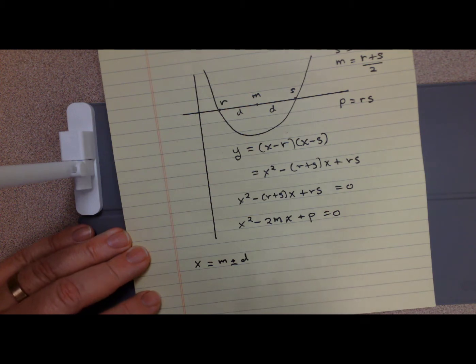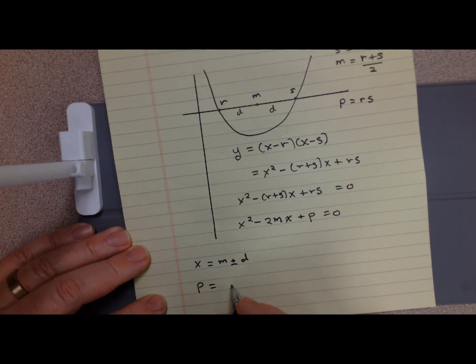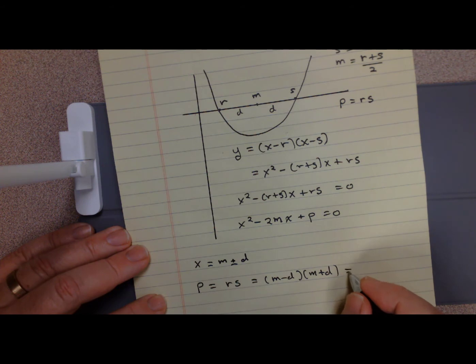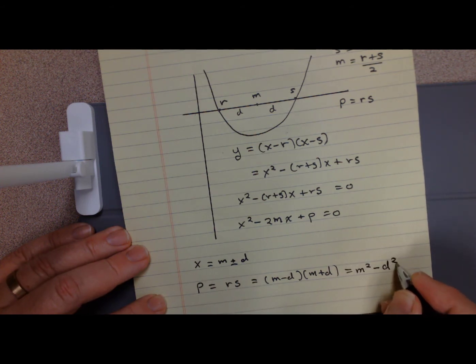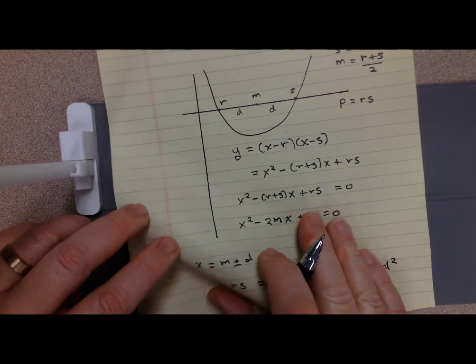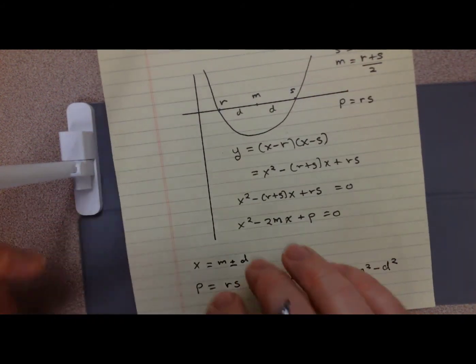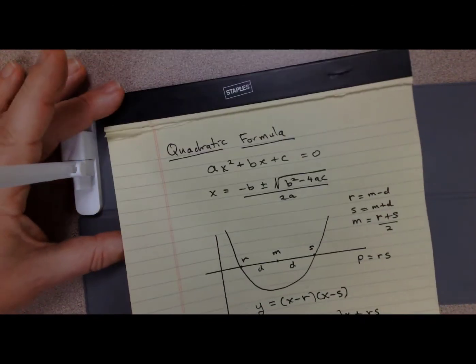Here is where we can get a little tricky. I know that p is equal to r times s, which is equal to (m minus d)(m plus d). This is the difference of two squares, so this is m squared minus d squared. All right, time to go to a clean sheet of paper.